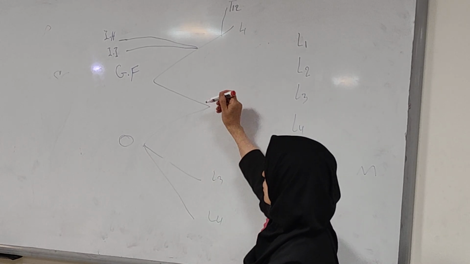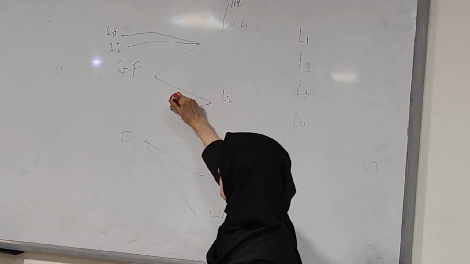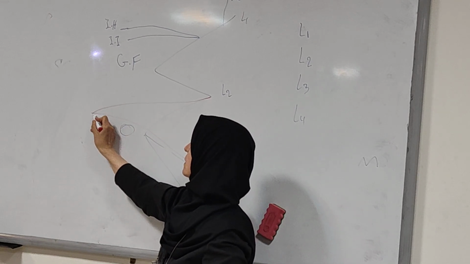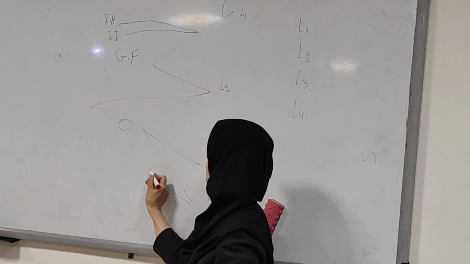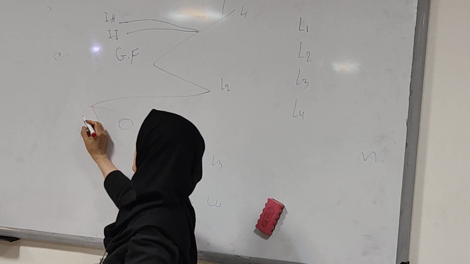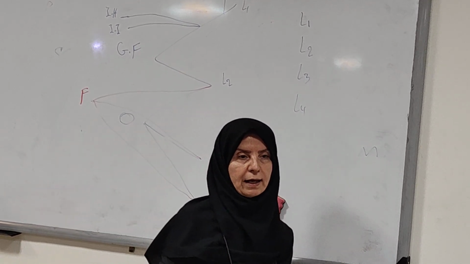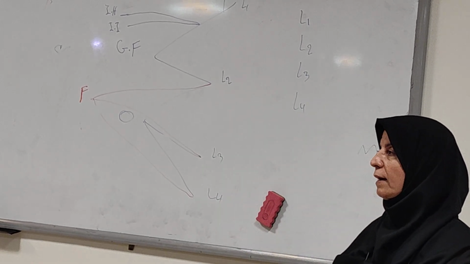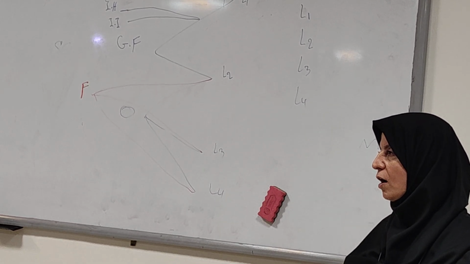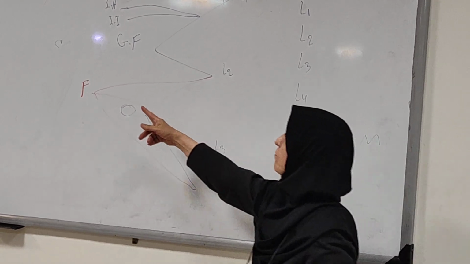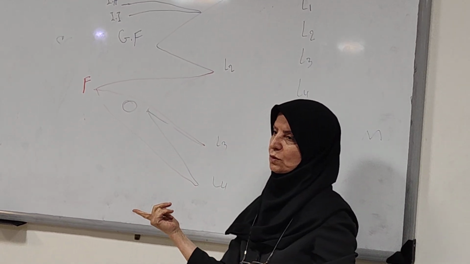The posterior branch of L2, posterior branch of L3, posterior branch of L4 join to each other and make the femoral nerve. Femoral nerve. Do you remember the anterior compartment of the thigh? Which nerve was responsible? Femoral nerve belongs to the lumbar plexus.